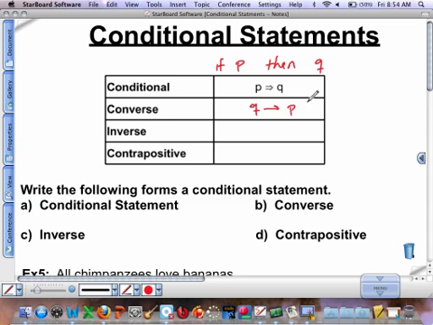So you're going to make it into a negative statement. You're basically throwing the not in there. The way we represent that with symbols is this little tilde. So if not P, then not Q.